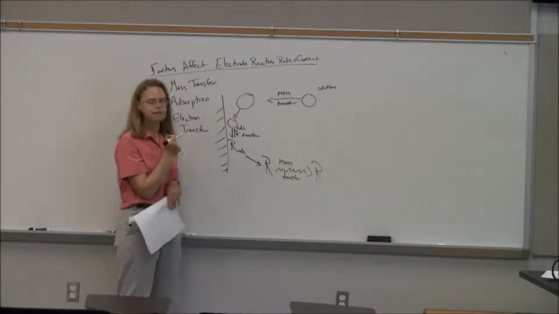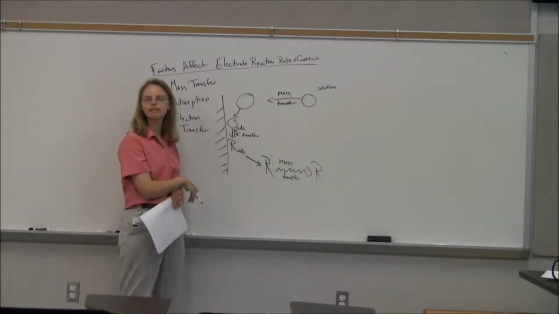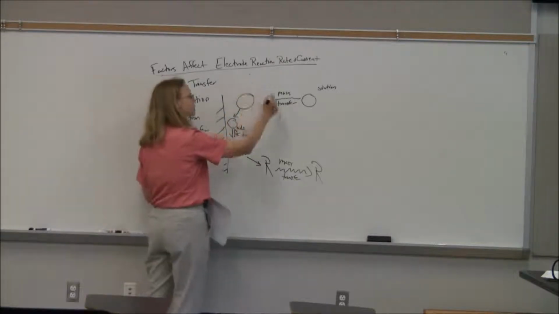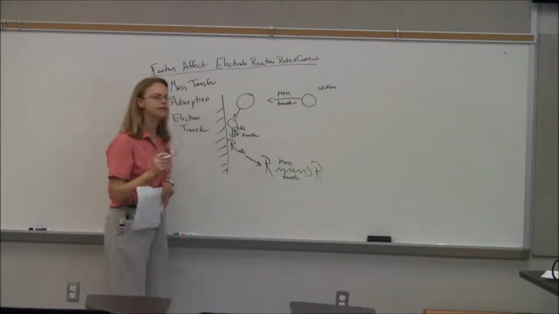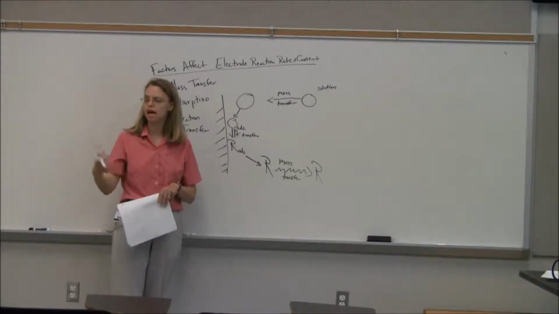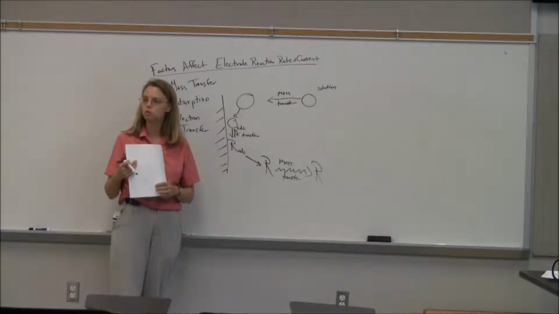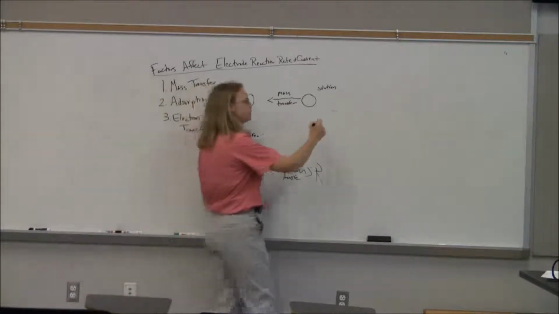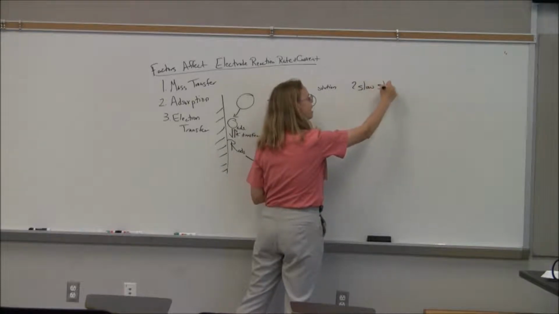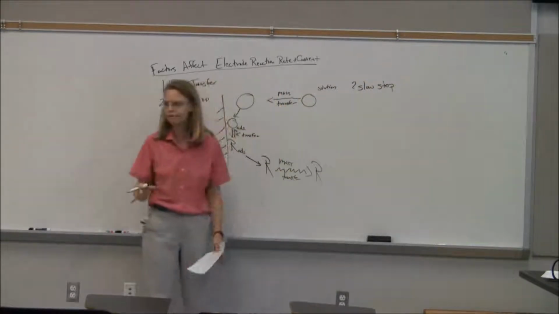So I really like this diagram again because it's one thing to say, well, there's three things that come into play. We're going to talk kinetics, right? Because how fast your electrochemistry reaction can be depends on which one of these is the slow step, right? So this is not any different than any other kinetics you've ever been taught in chemistry, right?